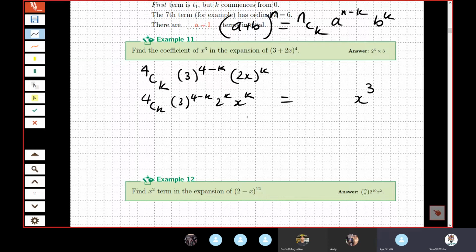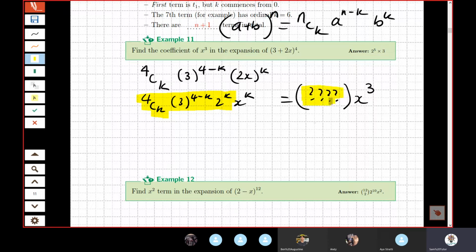Wait, Sam, which bit has to equal x cubed? Good point. So look, you're trying to find the coefficient of x cubed, right, Aya? This bit, we don't know what it is: question mark, question mark, question mark. But what we know is we've got a formula here that looks like there are some numbers in front of x to the power of k.